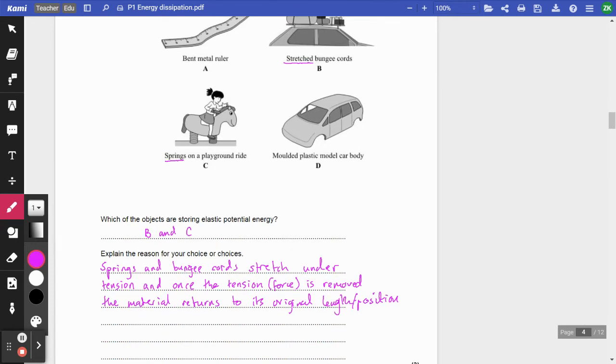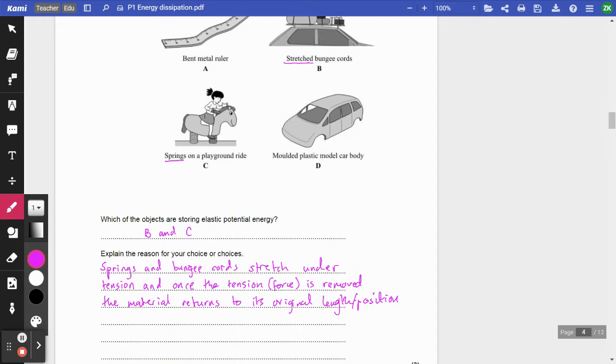And this explanation: we know that they both stretch, but they return back to their original length. So this needs to be in your answer. They both return to the original position once that tension is removed, and what I mean by tension is force.